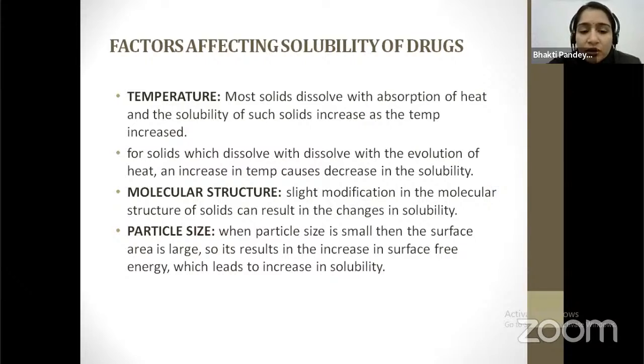So the greater the surface area, the greater the solubility.